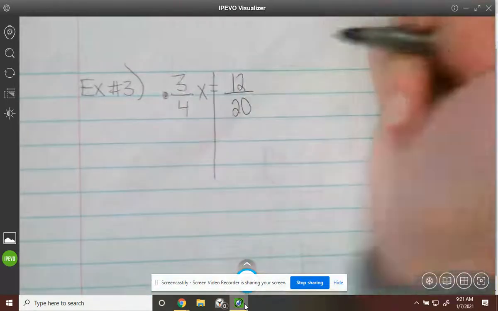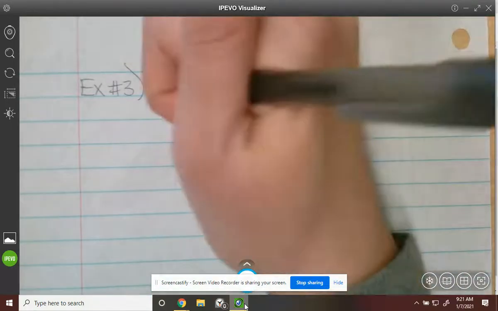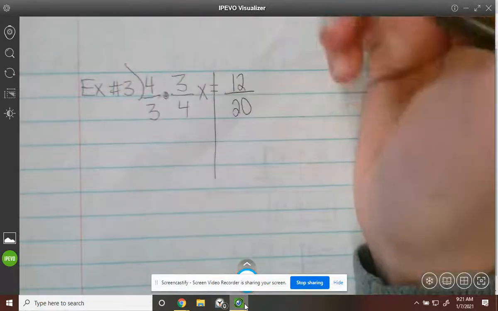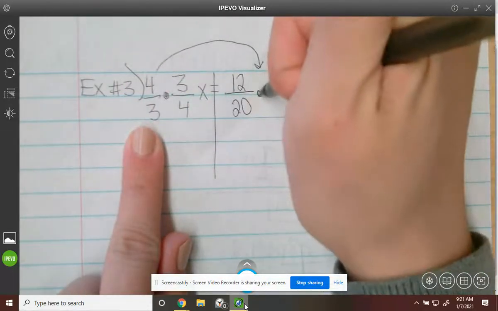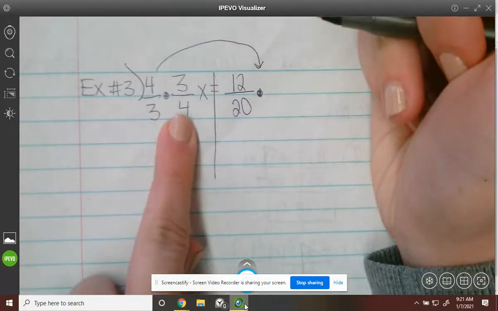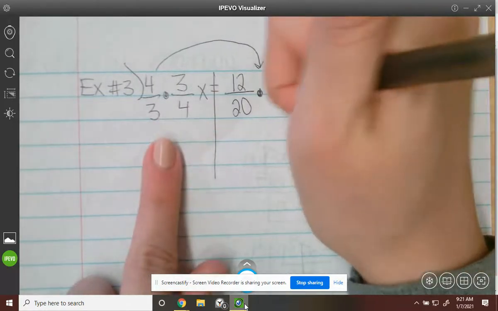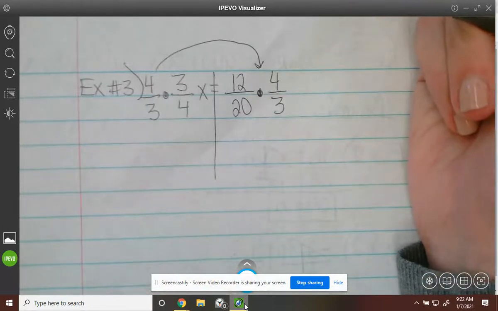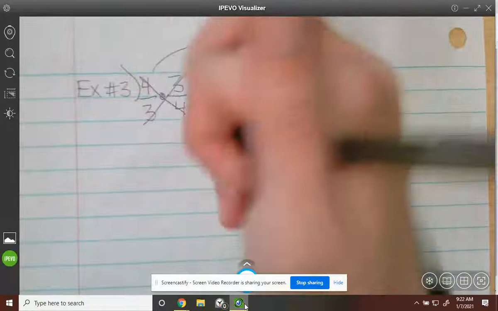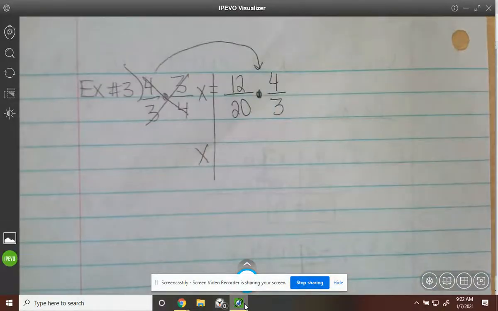So what's my multiplicative inverse of 3/4? 4/3. Now remember, what you do on this side, you have to automatically do on this side. So I'm not multiplying this side by 3/4, I'm multiplying this side by 4/3. Okay, this side cancels out, leaving me with just x.